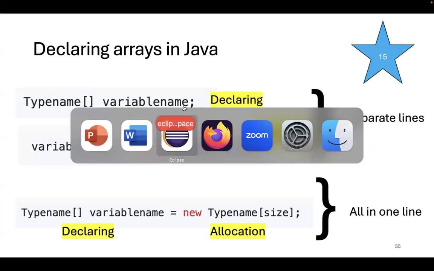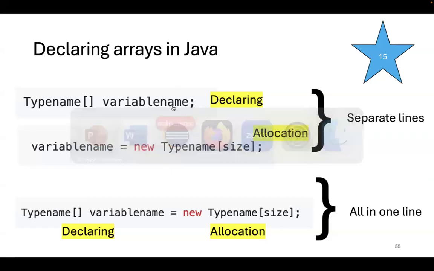So let's try that. The other difference that we have here is there's these square brackets that live after the type name when we declare it. And we've got the square brackets where the size goes when we allocate it.